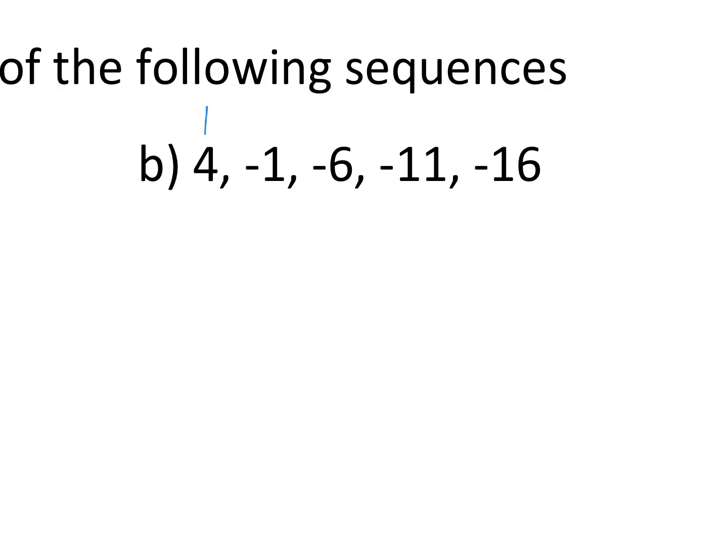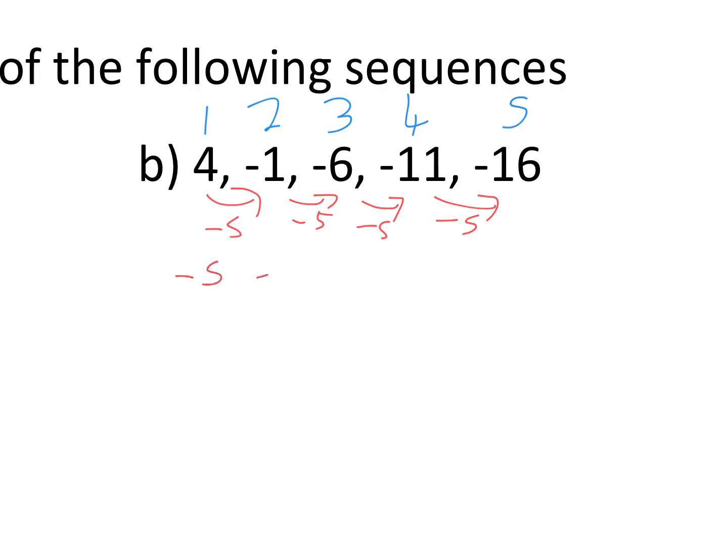Okay, again, I'll just write the term number. Might be useful. And we can spot in this question that it's gone down by 5 each time. You don't have to write all of these in like this, but just to make sure that it is indeed going down or up by an equal number, that's useful to check. So this has gone down in 5s, so I'm going to write down the multiples of 5, but going down the way.